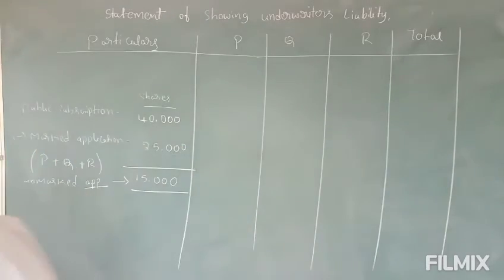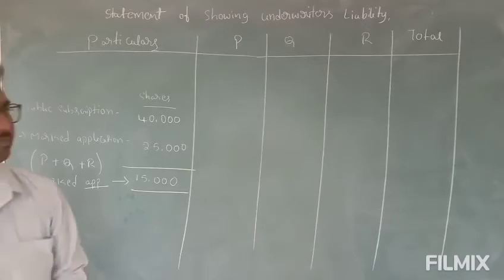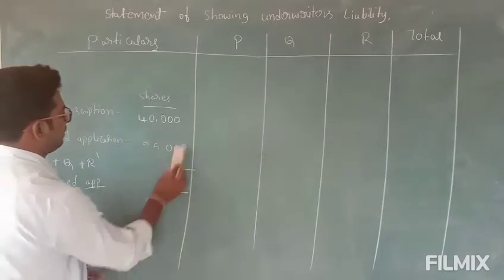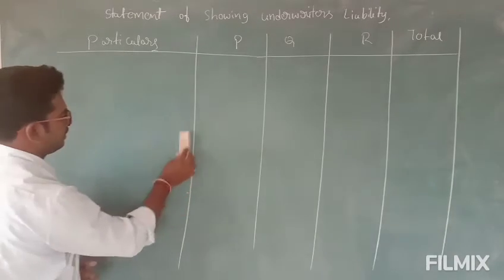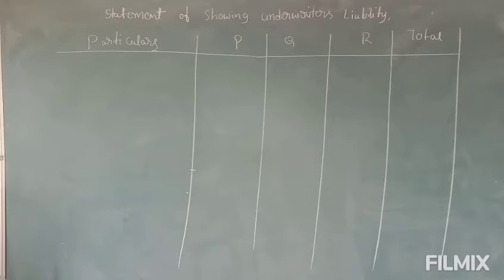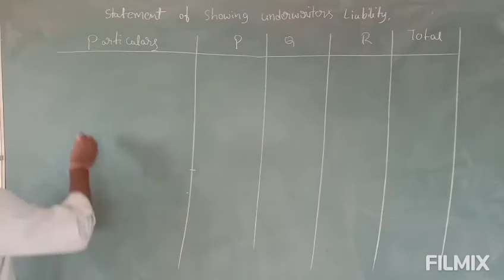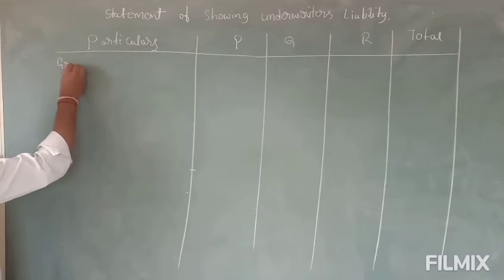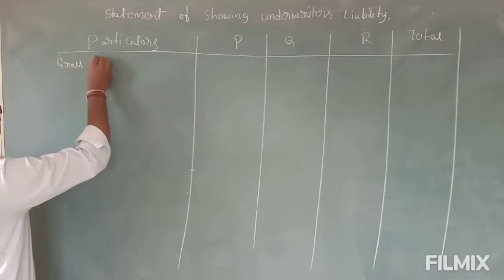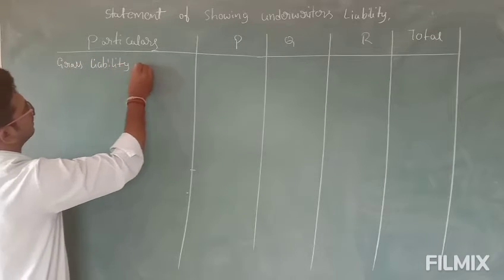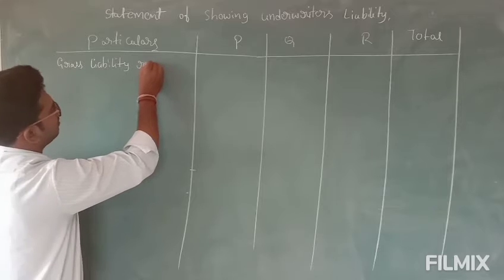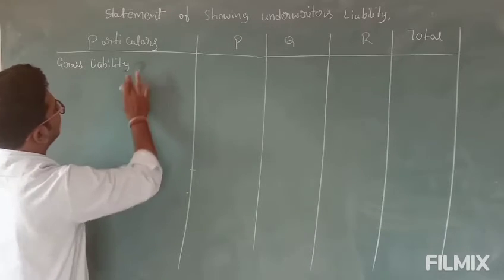So let us start the sum. First take the gross liability ratio, the gross liability of the underwriters.